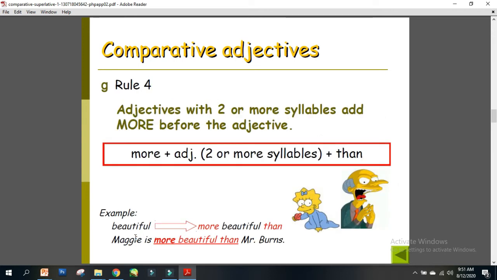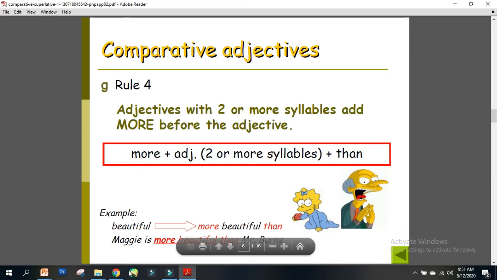Next, rule number 4. Adjectives with 2 or more syllables add more before the adjective. It is kind of different from the previous rules. With one syllable words we add er, but if you find a word with 2 or more syllables, we don't add er, we use more instead.